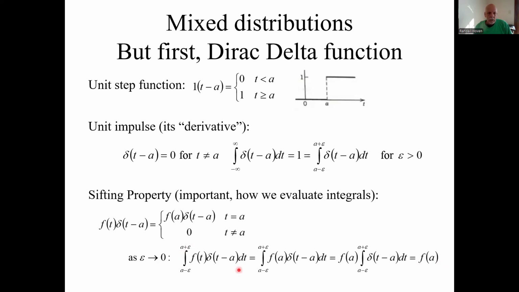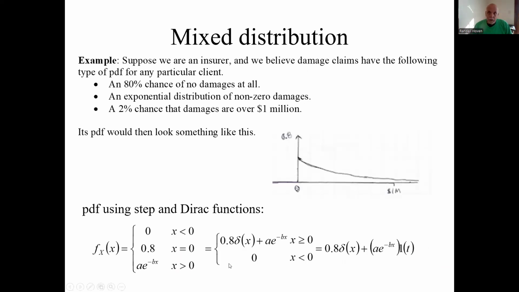So if you see an integral like this, as long as the limits contain a, you just plug in a for t, or a for whatever your variable of integration is. So now that we know how to evaluate an integral involving a Dirac Delta Function, let's talk about mixed distributions.